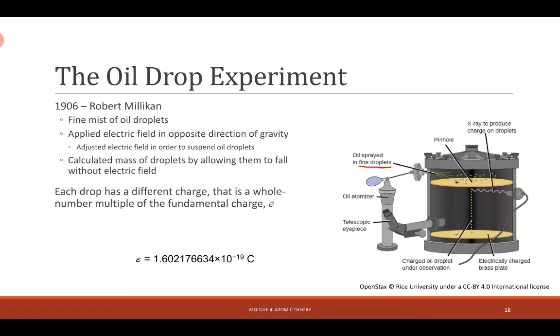And so from that, he was able to calculate this fundamental charge, which is given the symbol e. And so you can notice here that it is a positive constant. This is a constant known as the fundamental charge.